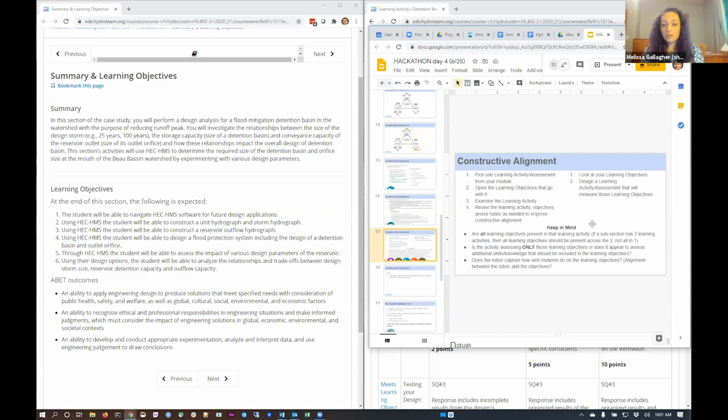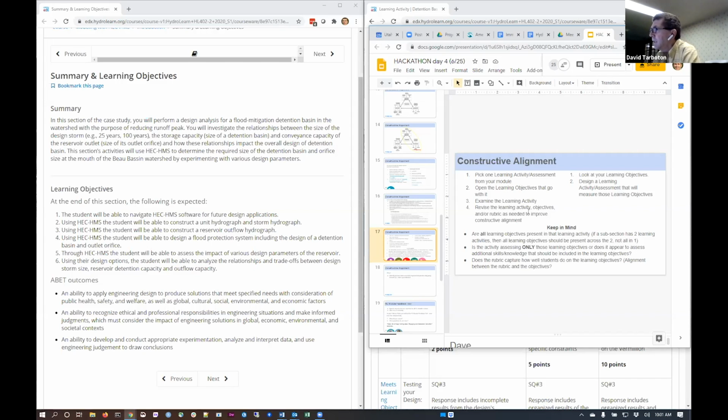Do you want me to go over what? Sure. So we're just going to break into partner groups where you take a look at what's in slide 17. Pick one of your learning activities. Look at the learning objectives that go with it, which are being developed.